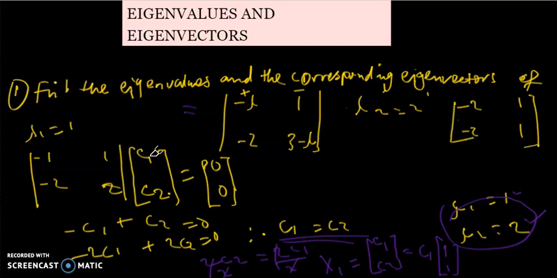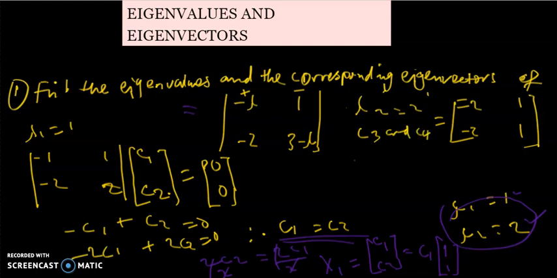So we simply replace 2 where there is lambda in this first matrix, so that now we can find C3 and C4.